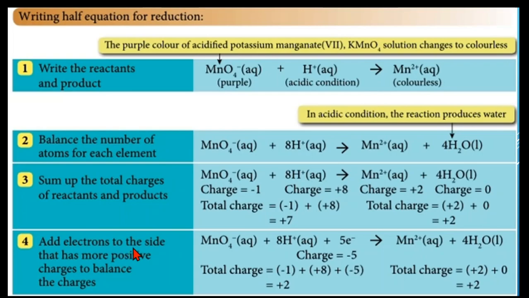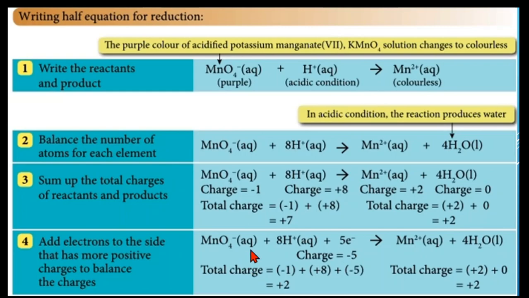Number 4, add electrons to the side that has more positive charge to balance the charges. Which one has more charge, here or here? Here. How many electrons do we need to add? Here is 7, here is 2. 7 minus 2, you add 5 more electrons so that it balances.